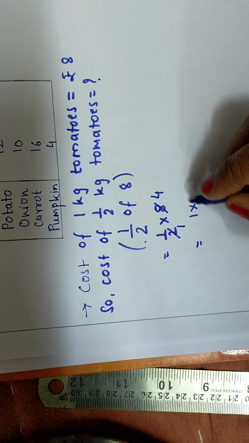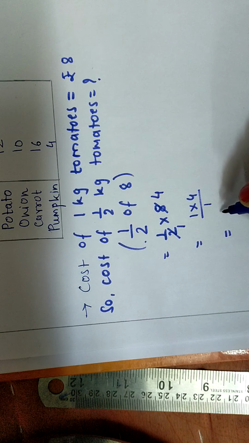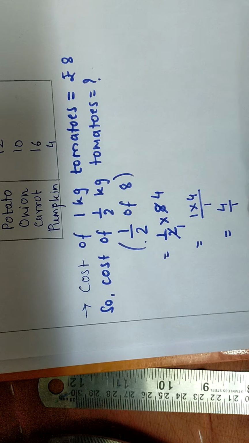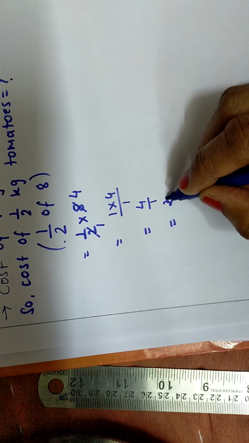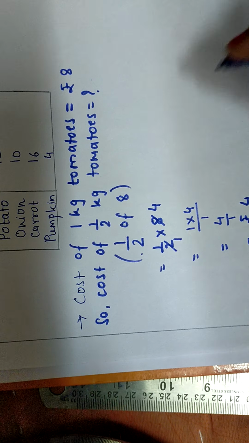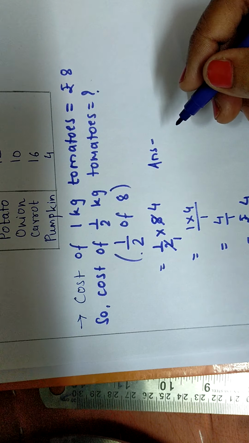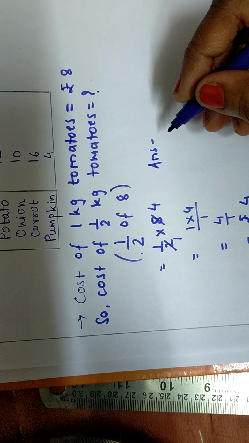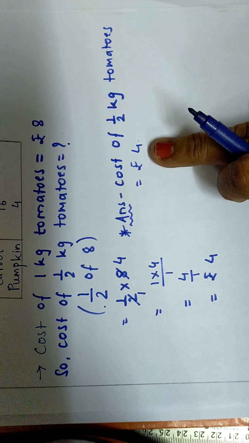So 1 multiplied by 4 divided by 1. 4 ones are 4, divided by 1 is equal to 4. So rupees 4. So we will write the cost of half kg tomatoes is equal to rupees 4.